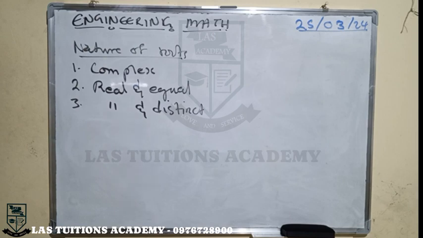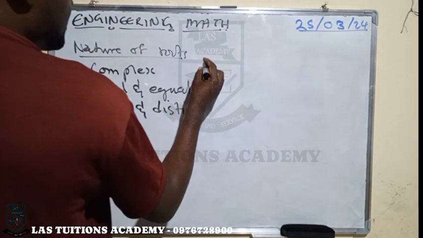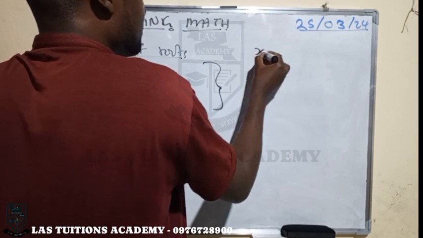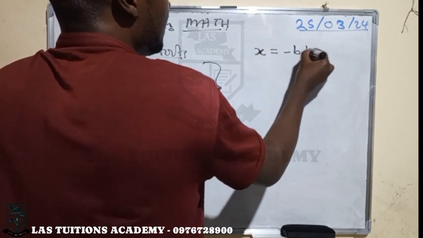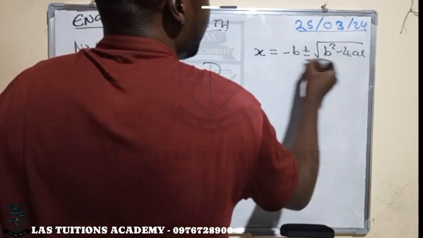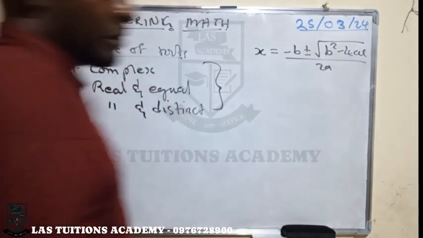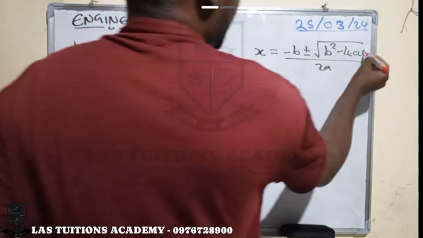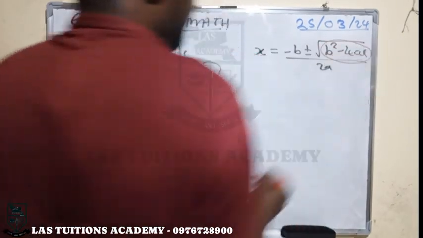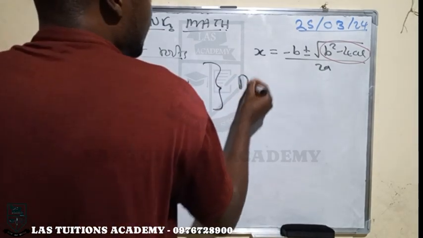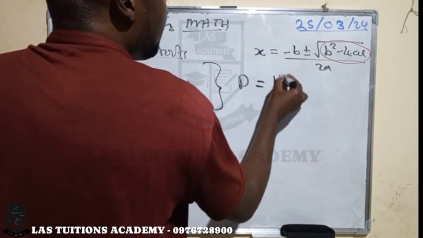But what we use to test for these roots is, if you remember, the quadratic formula: x is equal to minus b plus or minus the root of b squared minus 4ac, over 2a. You remember this, I suppose. Now for the test of the roots, we use this part inside here, which we call the discriminant. So D, the discriminant, is simply b squared minus 4ac.